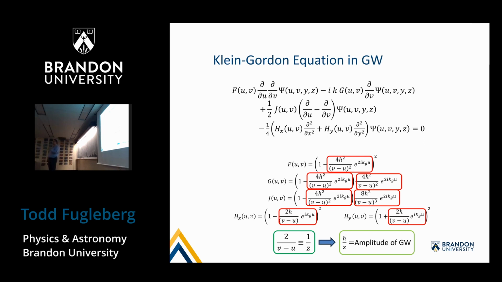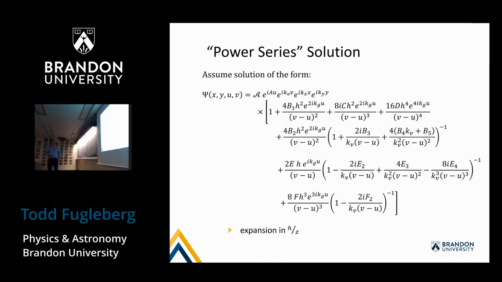One of the ways you can solve a differential equation is you can guess the form of the solution and then plug it into the differential equation and try to make everything work out to give you 0. This is the assumed form of the solution. If h was equal to 0, you just have that, which would be equivalent to that exponential I showed you about 4 slides ago.